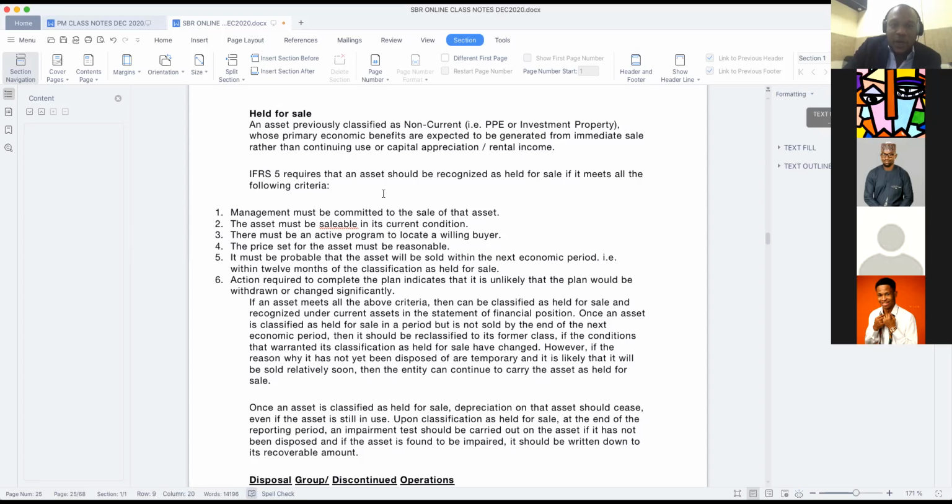IFRS 5 requires that an asset should be recognized as held for sale if it meets the held for sale criteria. There are six of them.